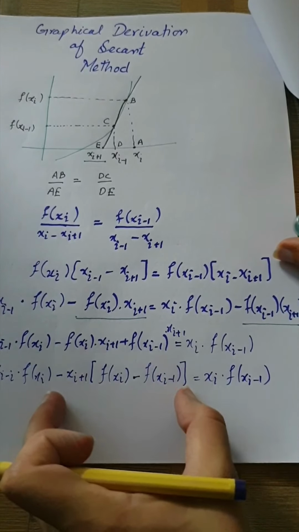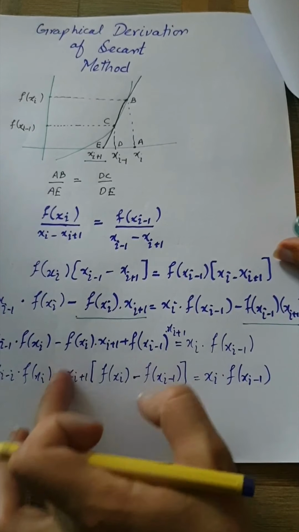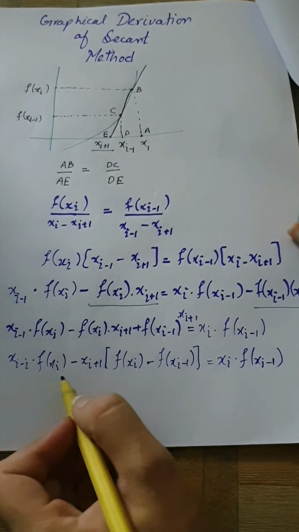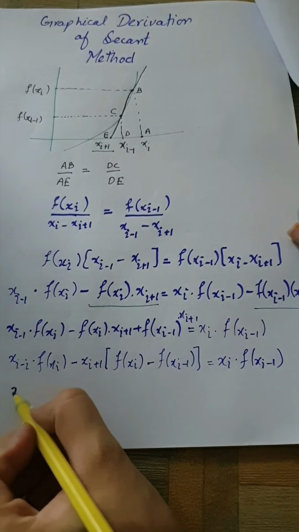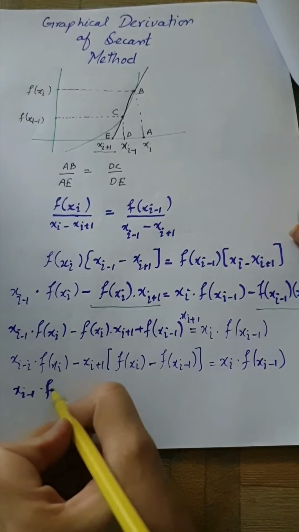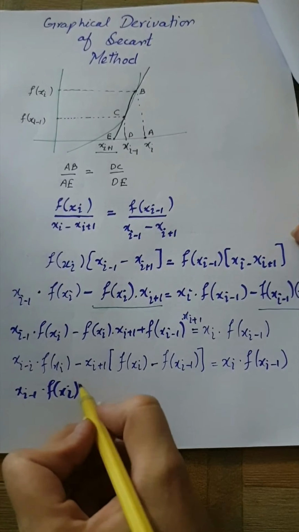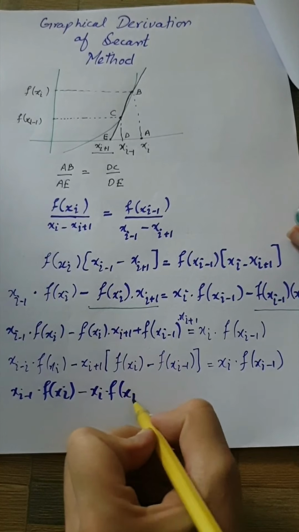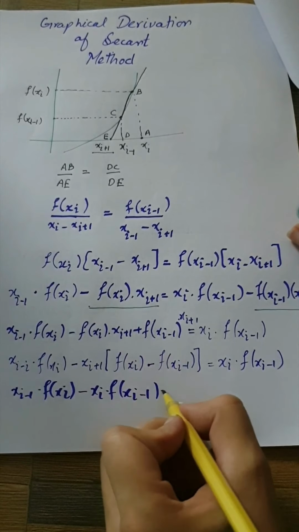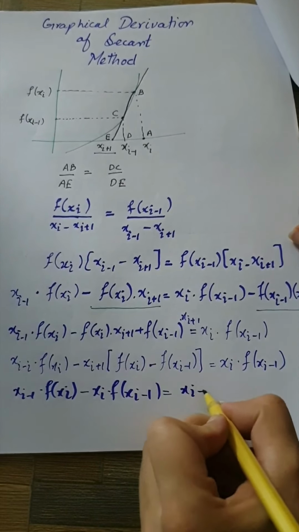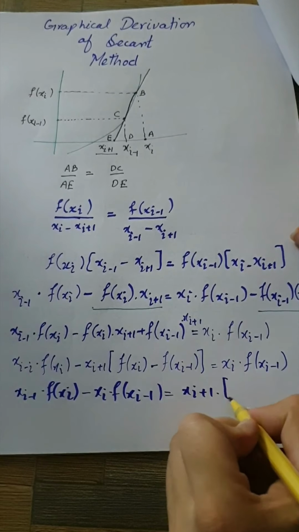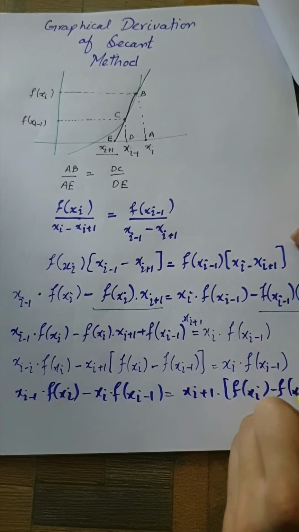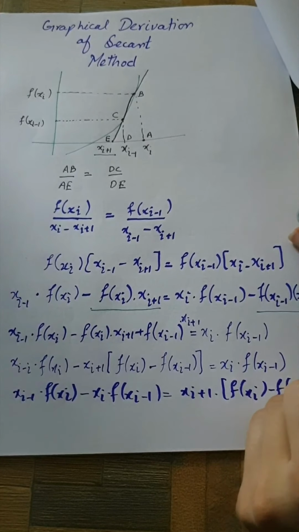Just take this expression towards the right hand side to eliminate this negative sign from here. So you will get x of i minus 1 into f of x of i minus x of i into f of x of i minus 1 is equal to x of i plus 1 into f of x of i minus f of x of i minus 1.